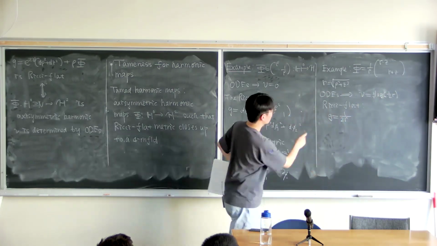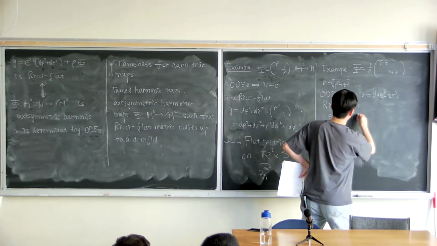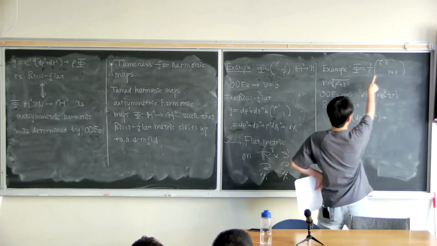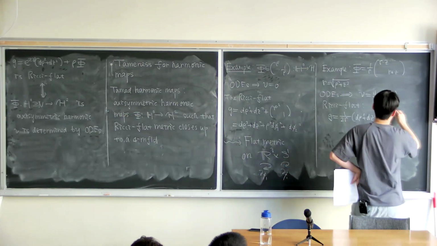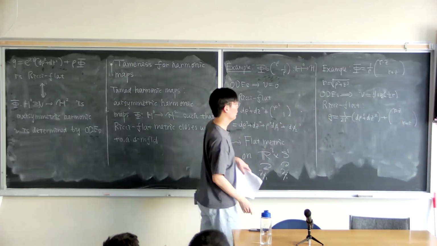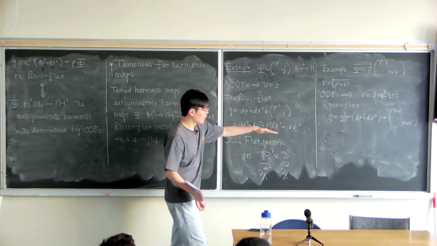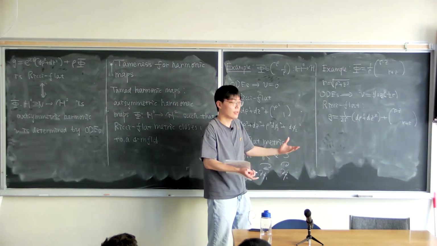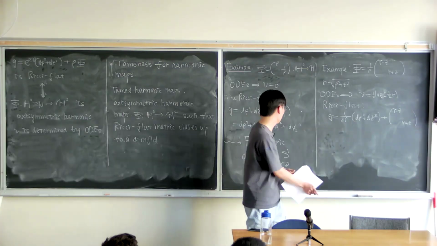Yeah. So the Ricci-flat metric will be d rho squared plus dz squared plus rho multiplied by phi, which is r minus c, r plus c. Okay. The point is, this is also a flat metric. This is the flat metric. After you change the coordinate a little bit, you will see that this is the flat metric on R4.